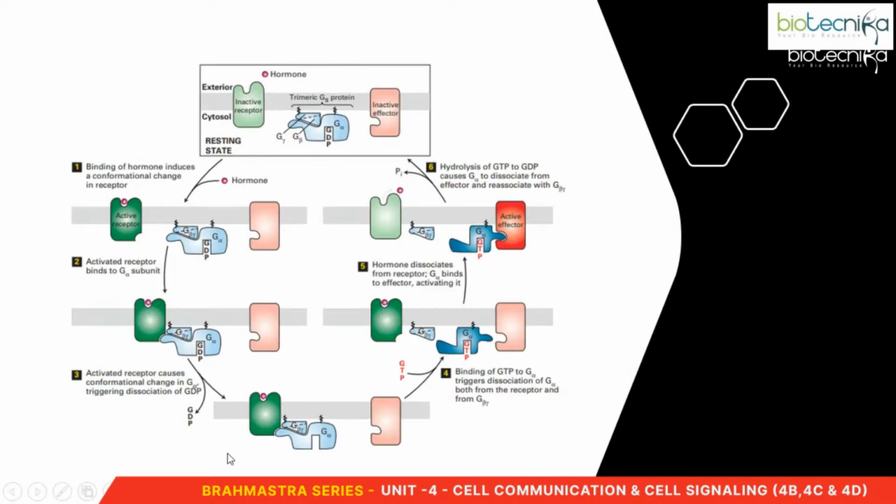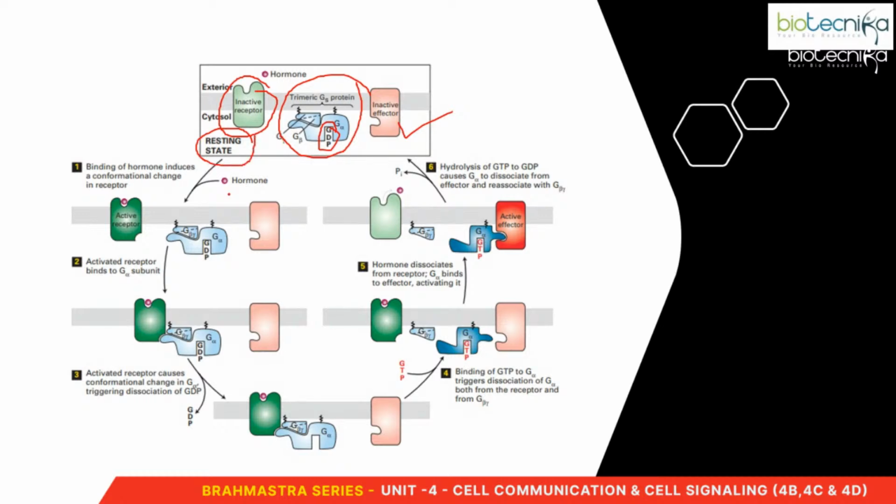Overall, this is the working principle of the GPCR protein. We have an inactive receptor, the G protein with three subunits bound with GDP, and the inactive effector. We call this the resting state.